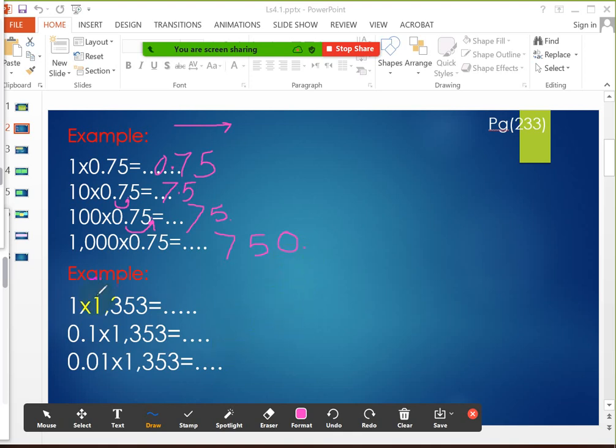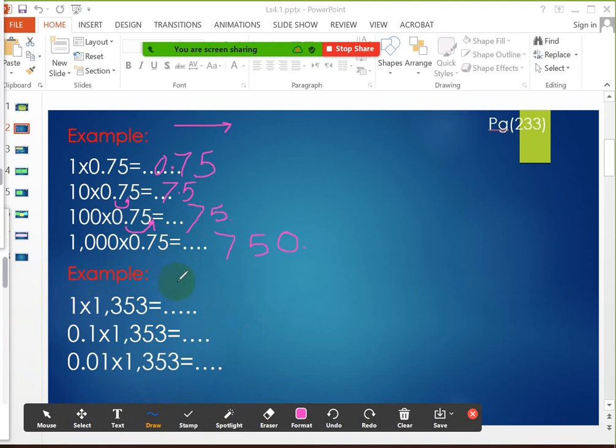So look at this number, 1,353. This is not a decimal number. This is a whole number or thousand number. Okay? Now, first thing, I want to write the pattern or this multiplication pattern.